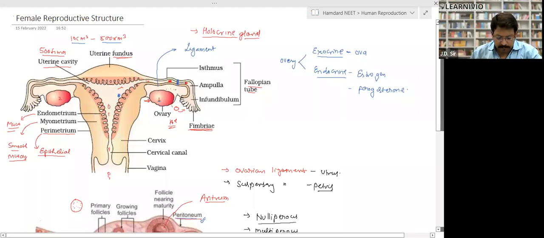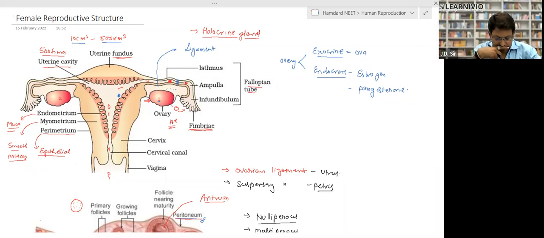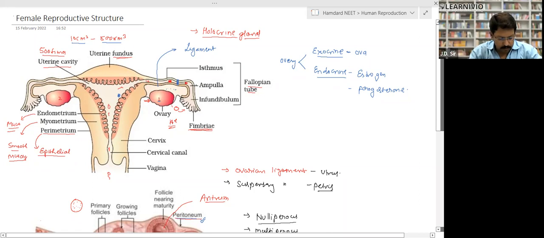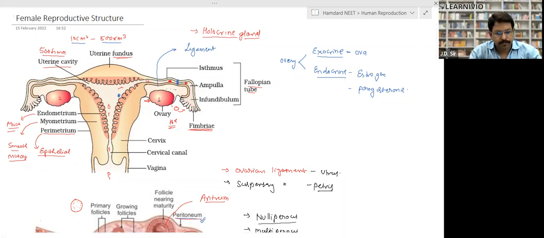It provides appropriate environment for its fertilization. Full stop.